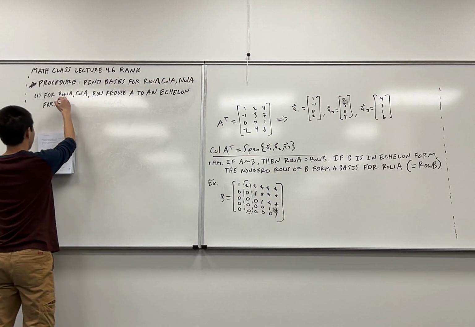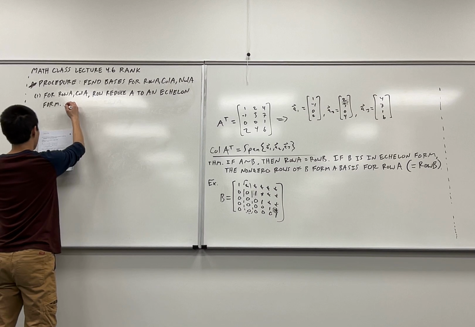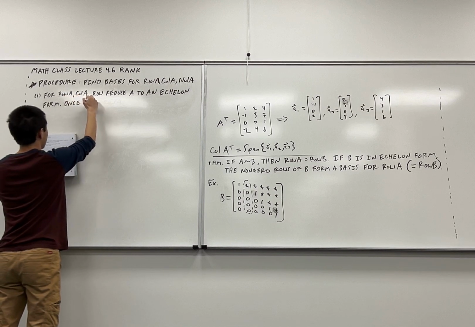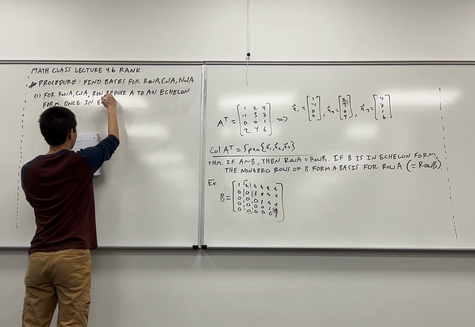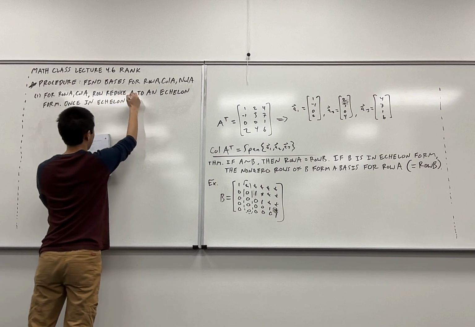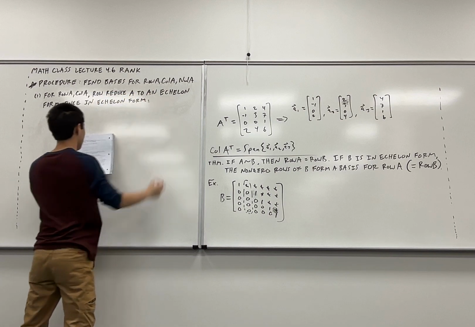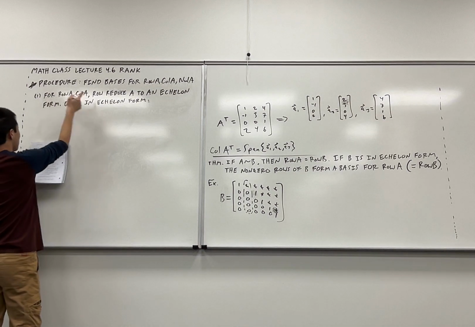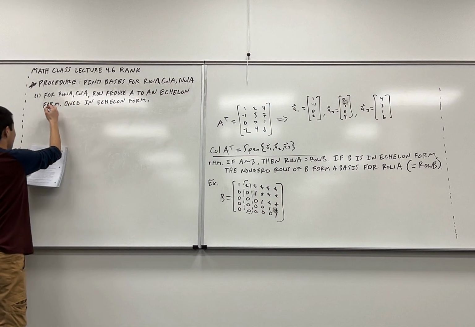Just an echelon form. And then once you're in that echelon form, now we split off. There's two different things. One thing we'll do for the row space of A, and one thing we'll do for the column space of A. So they both have in common getting to an echelon form, but here's where they diverge and how we deal with that.